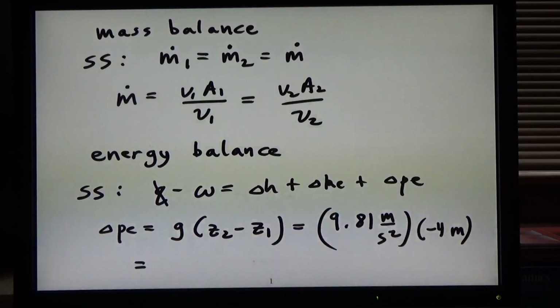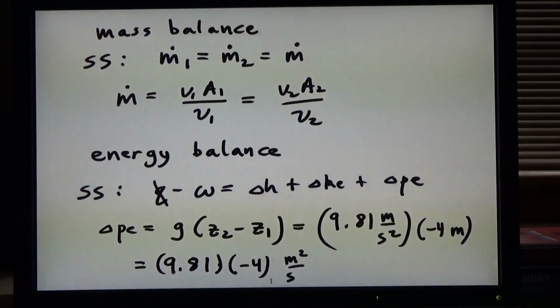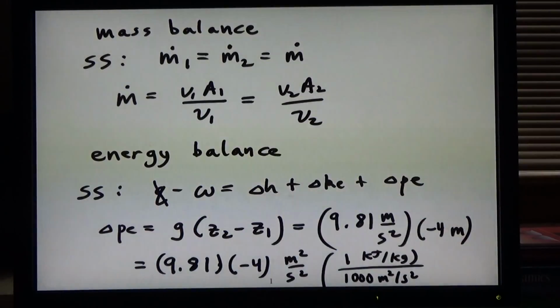So this is actually going to end up 9.81 times negative 4, and then our units were meters squared per second squared. We multiply that by our conversion to kilojoule per kilogram. 1,000 meters squared per second squared is 1 kilojoule per kilogram. If you don't remember how to do this conversion, I showed it in the diffuser example, so you can go back and review that from the diffuser problem.